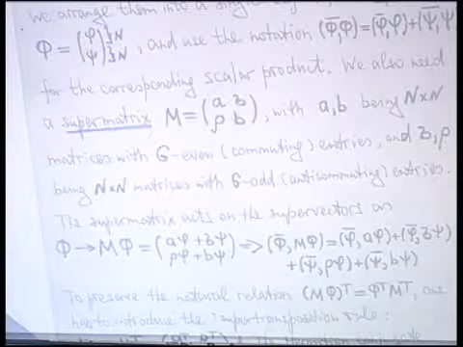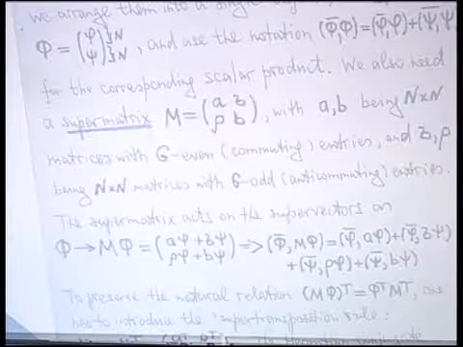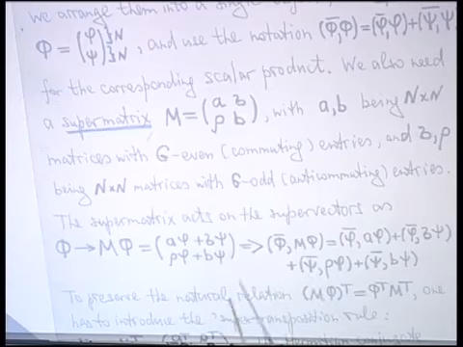its top n components will be even elements, although, as you immediately see, they may involve parts which are made of products of Grassmann variables, and the bottom half.